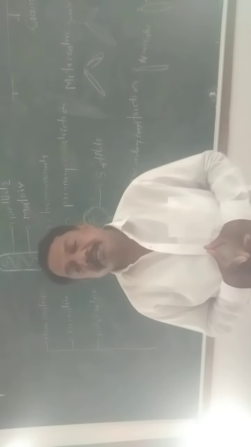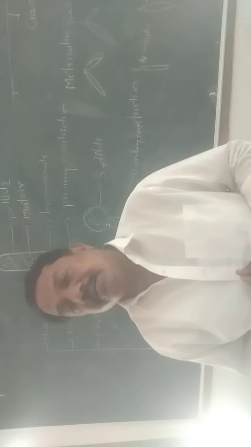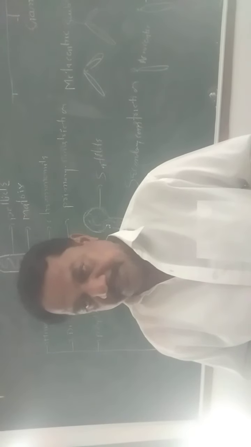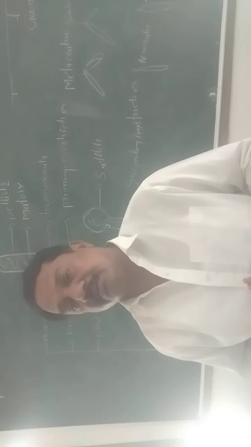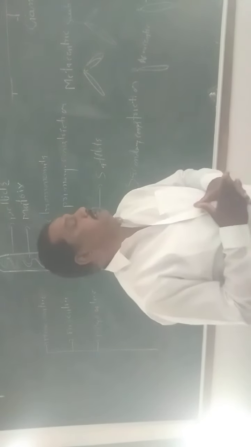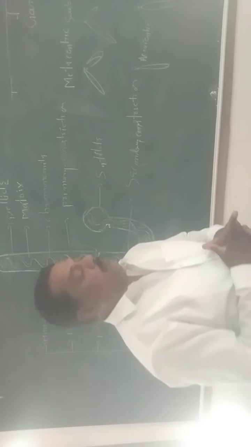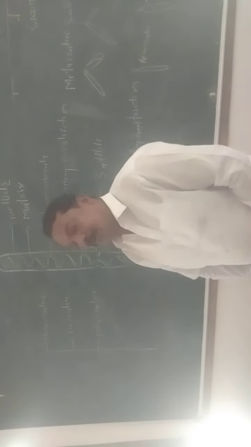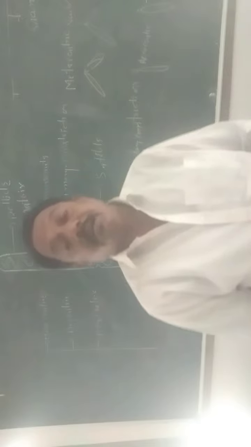Acrocentric chromosome: if the centromere is present near one end of the chromosome, such chromosomes are called acrocentric. Telocentric chromosome means that the centromere is at the tip of the chromosome. These are the types of chromosomes on the basis of centromere position.